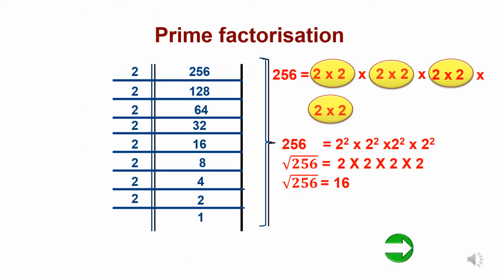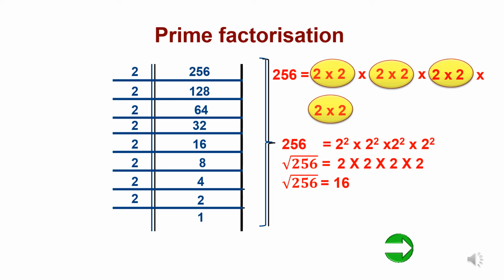Now, let's try to learn the prime factorization method to find the square root of a number. Here for the example we are going to take the number 256. Let's try to find the square root of it using the prime factorization method. What we need to do here is factorize 256 using only the prime numbers.